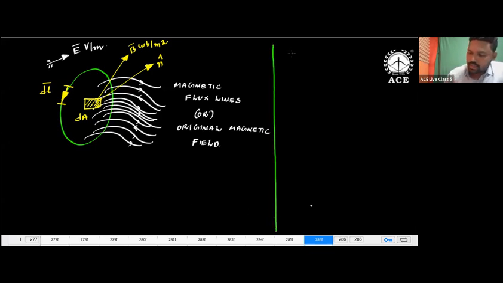What is this voltage, beta? V is equal to minus d by dt of psi m, the EMF in the loop. So the EMF in the loop is nothing but the closed line integral of E dot dl, which is equal to minus d by dt of the surface integral of B dot dA.